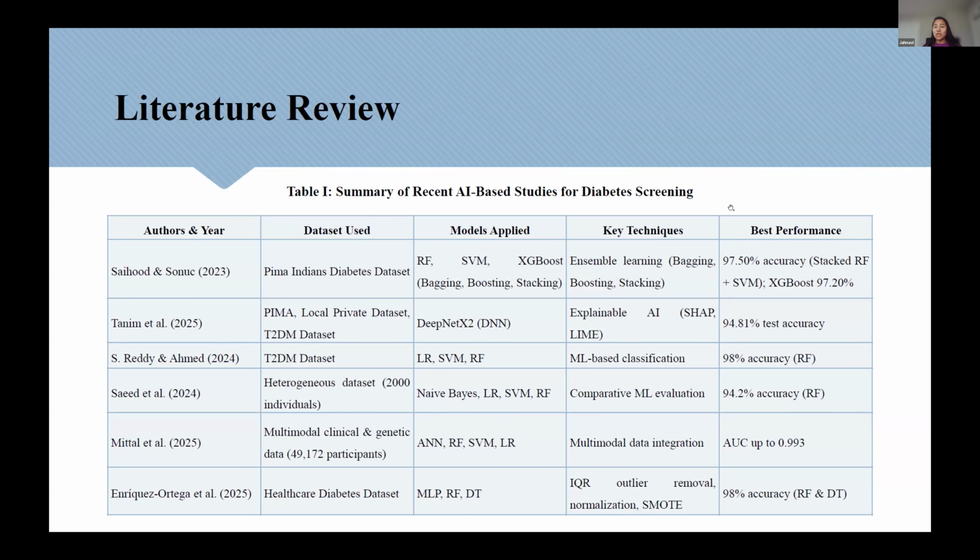And we see the best performance is, I would say, 98% accuracy. But in all these research papers, one thing that is lacking is explainable AI. How does this model outperform? And how do we trust this model? So that's the gap area which I'm targeting.